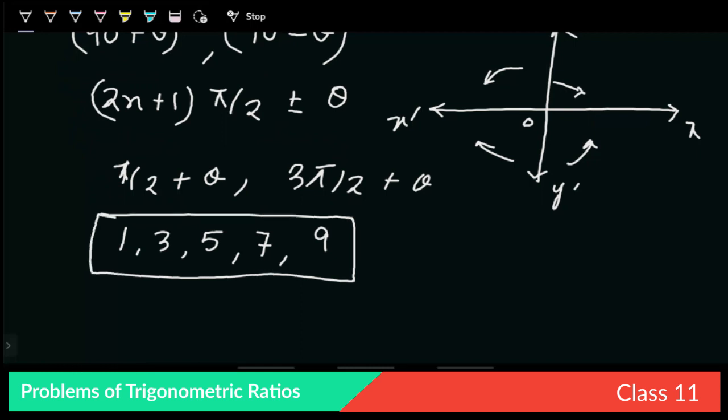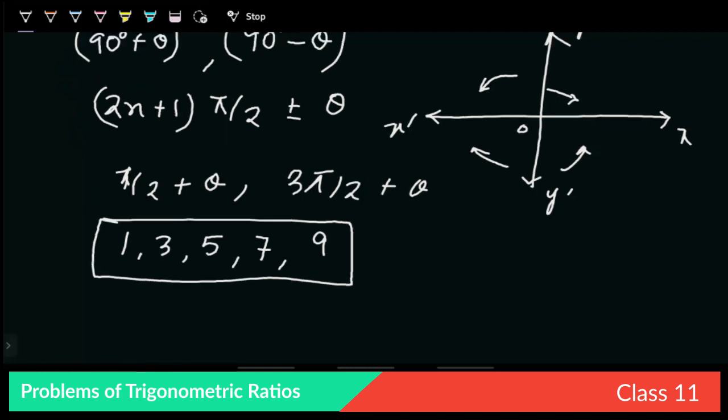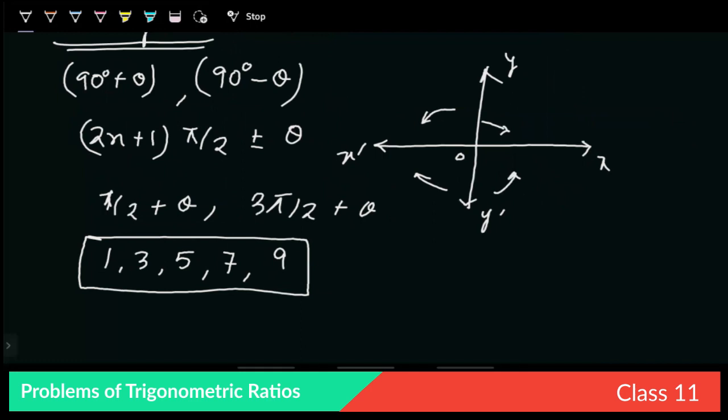Okay, so in this case, what was the working rule? Working rule was that if the ratio is associated with vertical line, then the ratio changes as sine to cos, cos to sine, tan to cot, cot to tan, cosec to sec, and sec to cosec.